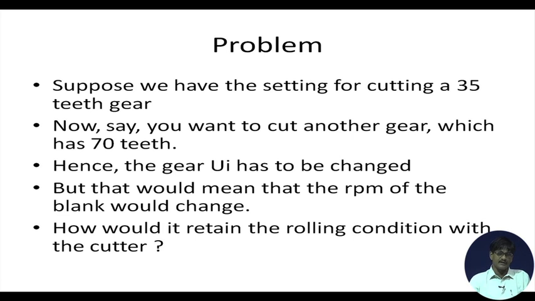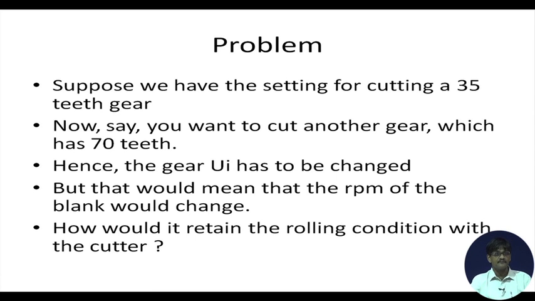Now, you say that yes, my second or next assignment is to cut a 70 teeth gear of the same module. Hence, the gear UI has to be changed. So, if the gear UI has to be changed, how much would it be? I mean, what are the changes in the others?